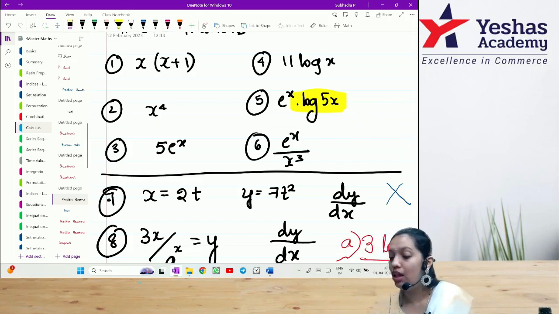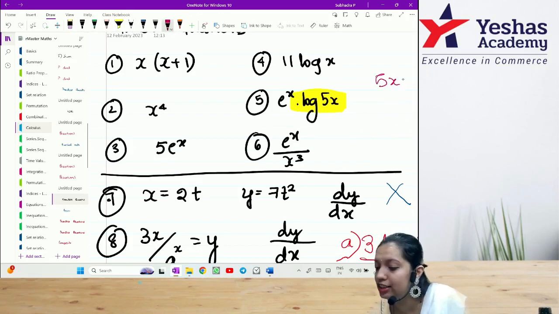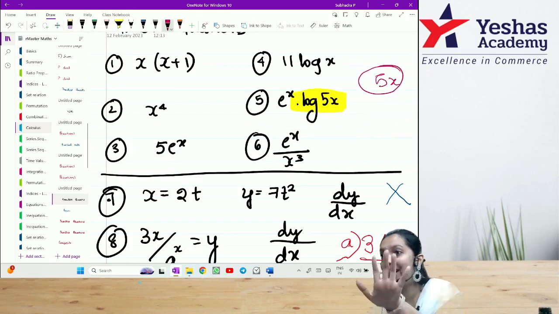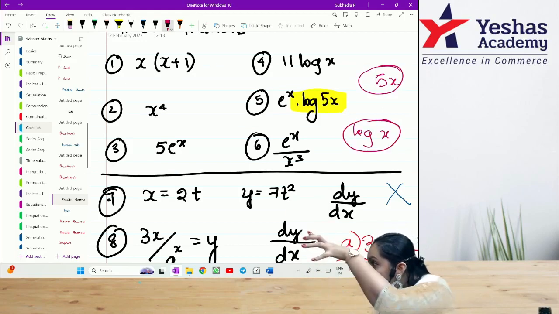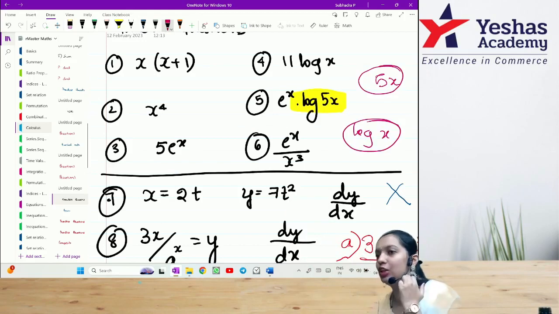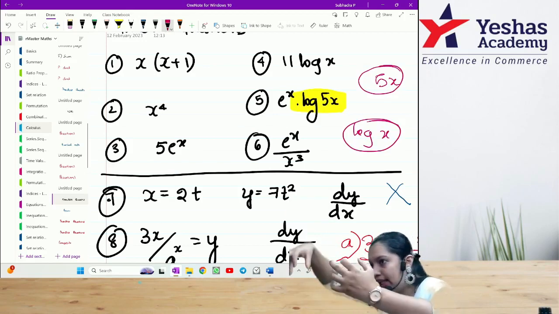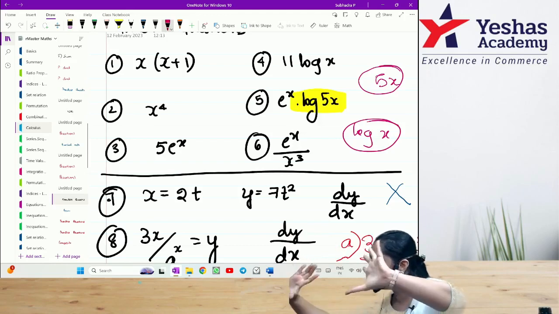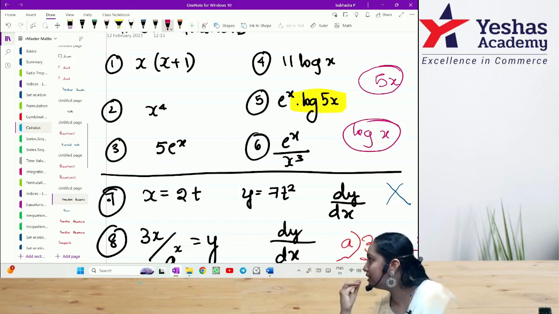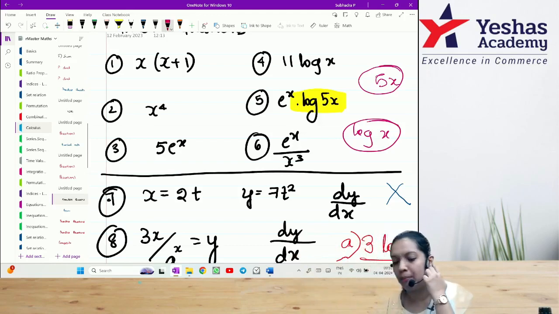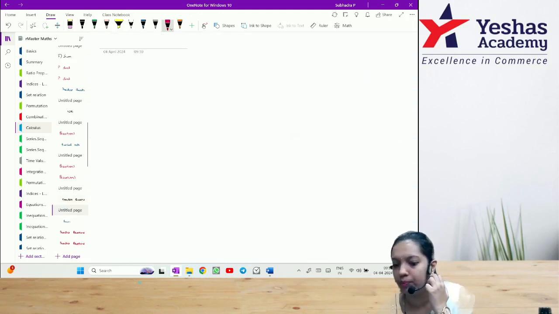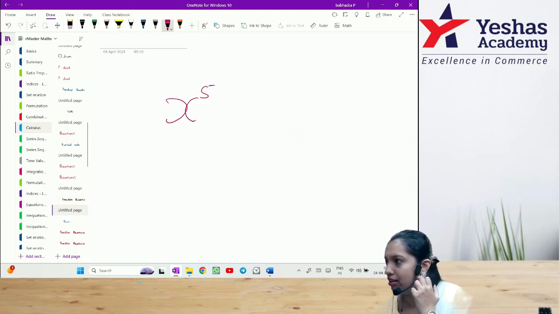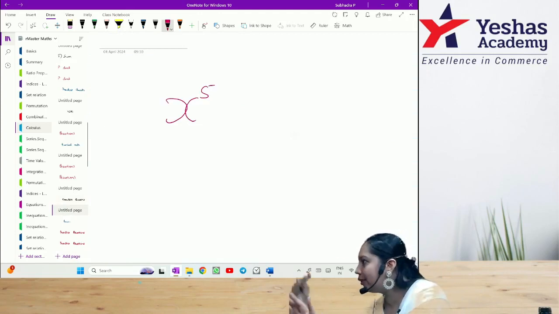You see, with 5x I should have applied a different rule, 5 into derivative of x. With log x I should have applied a different rule. They have mixed the two. This is known as a composite function: there is a function 5x inside another function, log. Let me give another example. x power 5, derivative I know, 5 into x power 4.